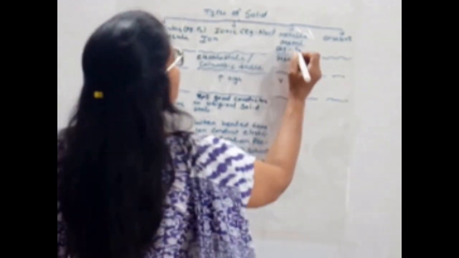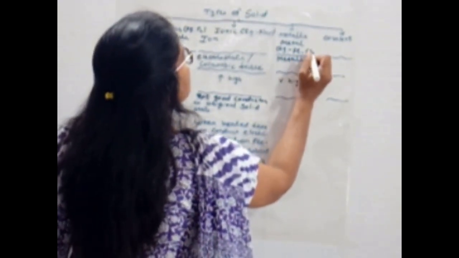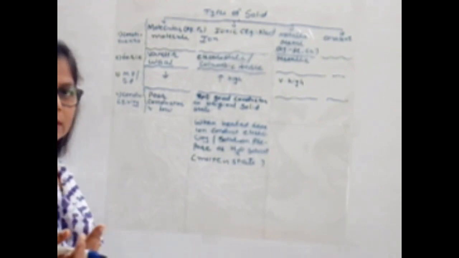Any of the metal you can write, the best metal, Fe, Cu. Now, what about the conductivity? As we know, the metals are electron donors.